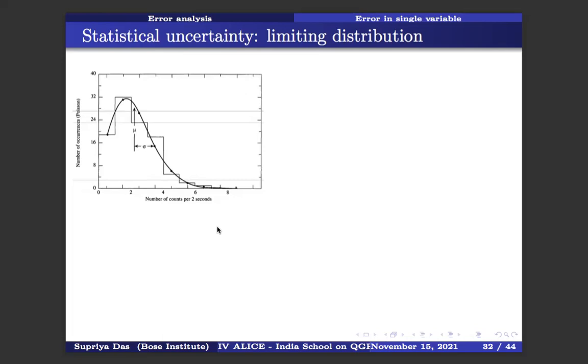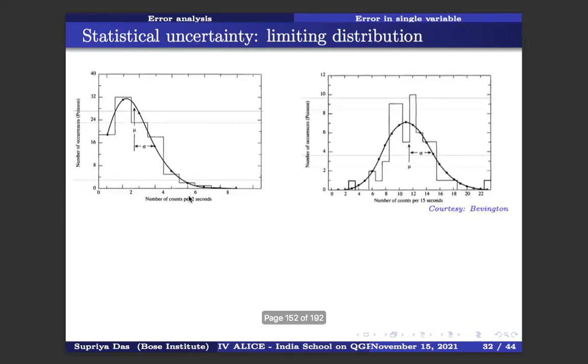However, now let us consider a second case where the same experimenter, same equipment, same thing, just increases the interval to 10 seconds. Instead of 2 seconds, the time interval is changed to 10 seconds. Let's see what happens, or 15 seconds here.